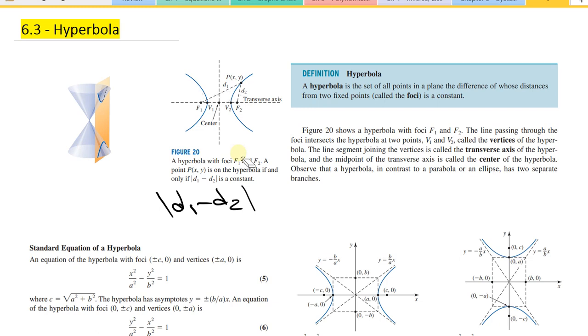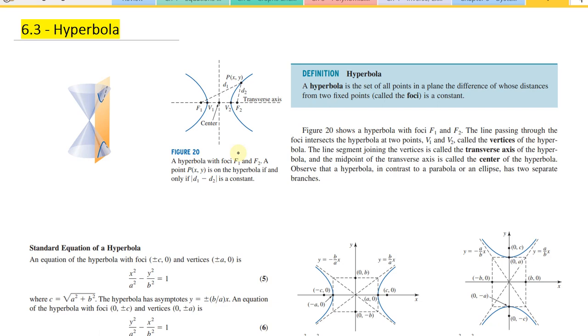As long as the absolute value of the difference between the two distances from the two fixed points is a constant. So this is going to be equal to a constant, as it's stated here also. That is a formal definition of a hyperbola.